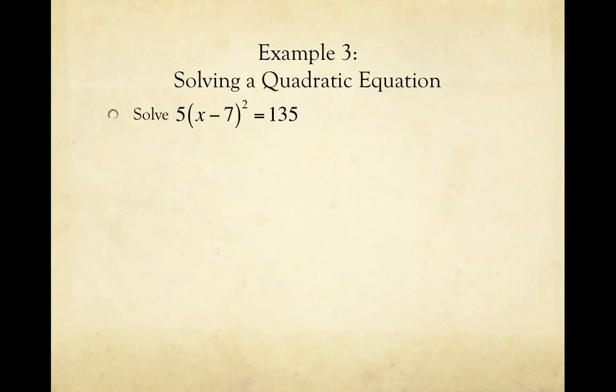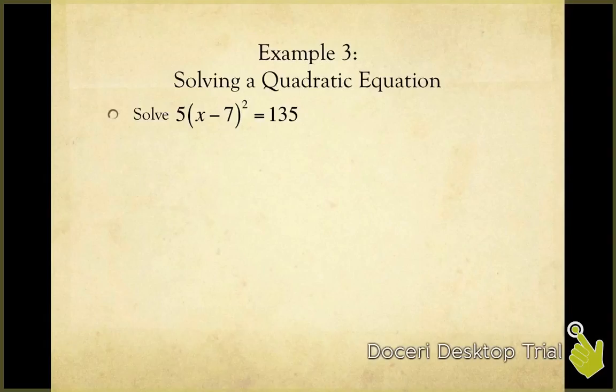So here we want to solve 5 times the quantity x minus 7 being squared, which is equal to 135. Now this is a little bit different than what Mrs. Jenkins was telling us, because it's not just the variable being squared, it's an entire quantity right here that's being squared.